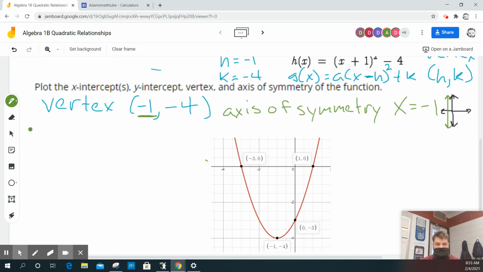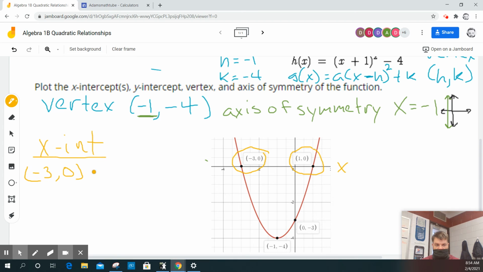So then basically my x-intercepts, where it crosses the x-axis, my x-intercepts are -3, 0.